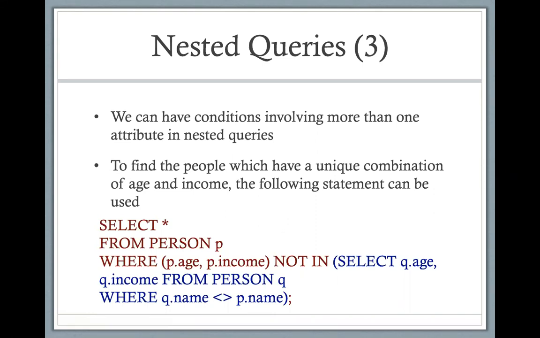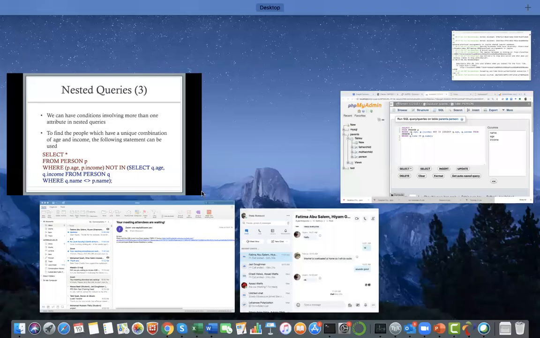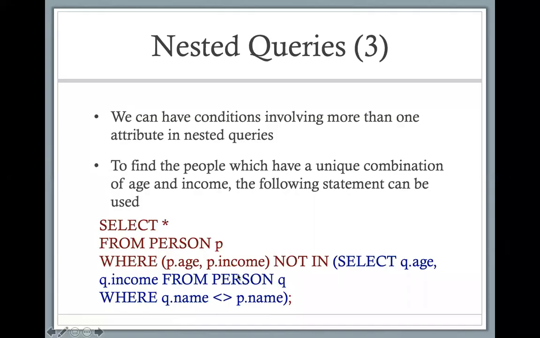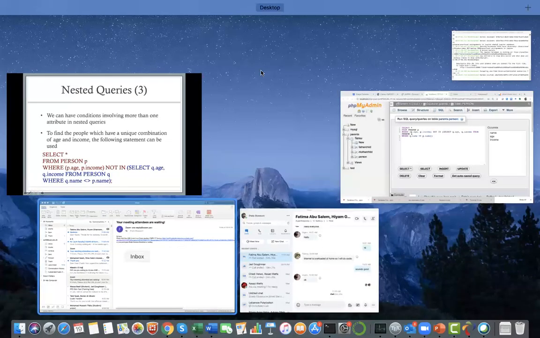Do you have any quizzes in the upcoming weeks? You have a couple of, not quizzes, they're going to be similar to assignments. Let me check the dates. Where is Moodle?